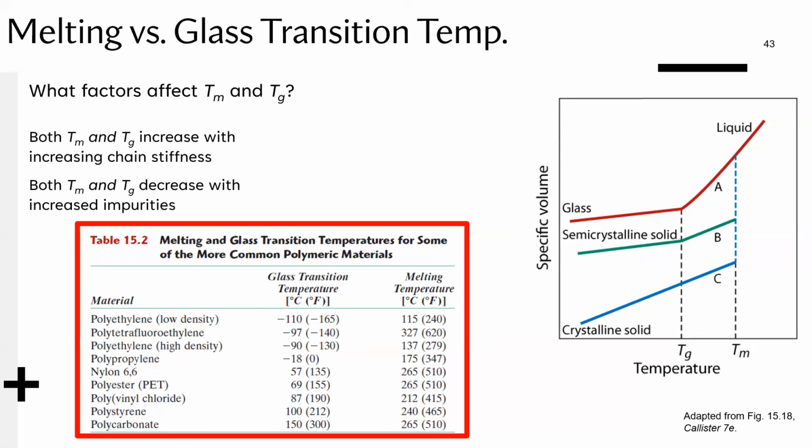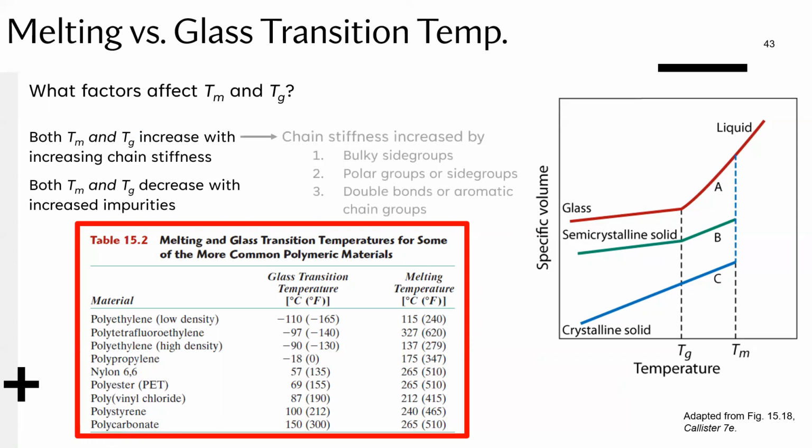So it's interesting to know that as the chain stiffens, you actually have an increased melting and glass transition temperature. This probably also intuitively makes sense. But just to remember what we discussed previously, if you want to increase your chain stiffness, you can either add side groups.